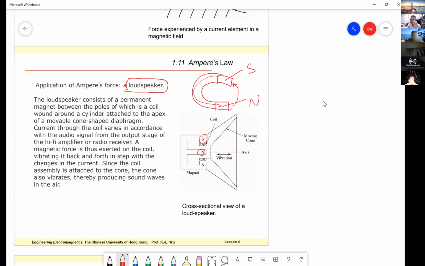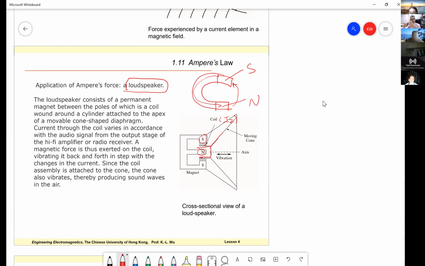Then we have a wire wound around a cylinder. Okay, this is a cylinder. This cylinder connects to a movable cone, which is also a soft surface. So the coil carries the current I2.